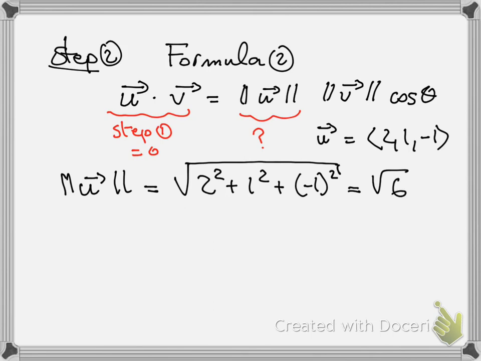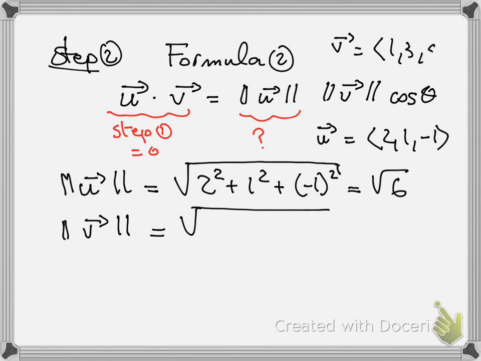Now the length of the vector v, where v was (1, 3, 5), is the square root of 1 squared plus 3 squared plus 5 squared. That's 1 plus 9, which is 10, plus 25, which is 35. So that's the square root of 35.